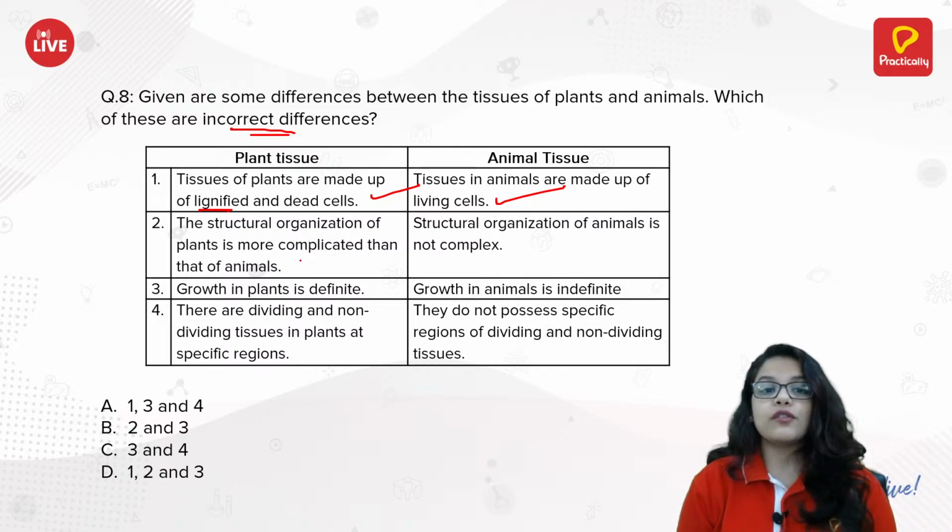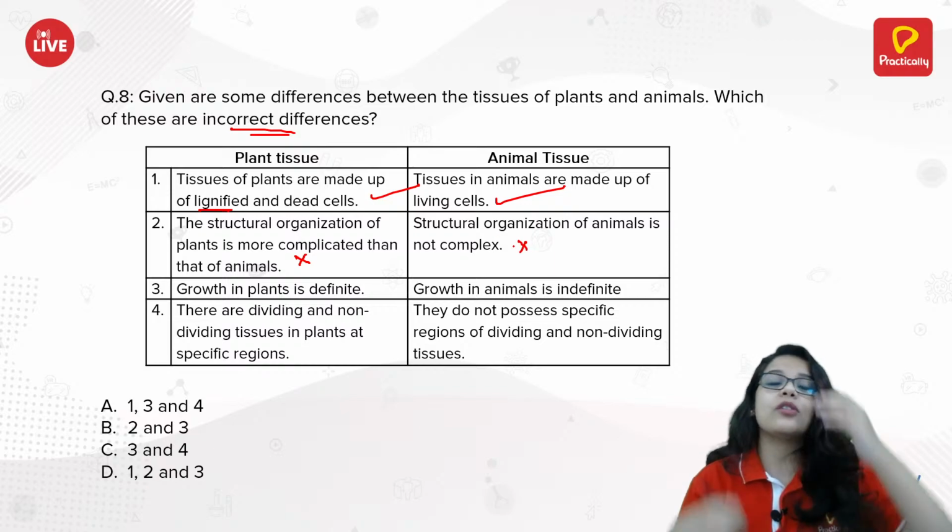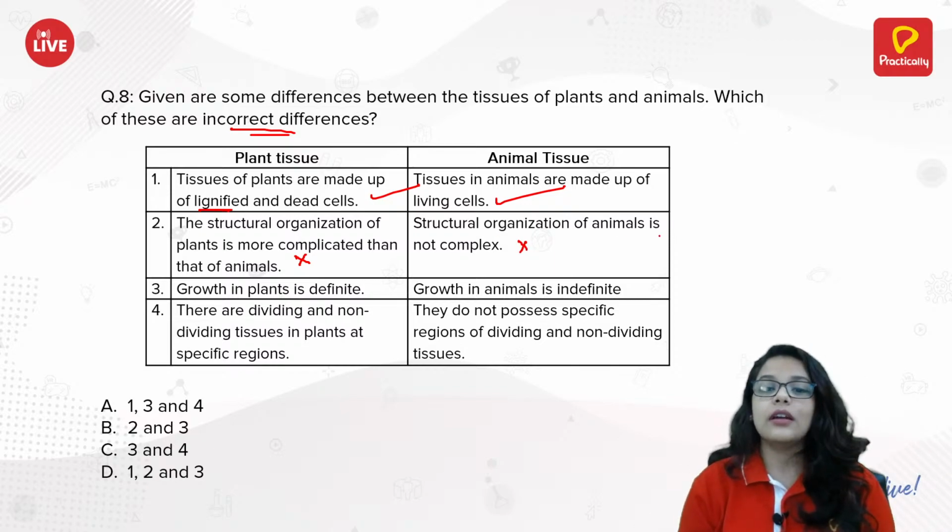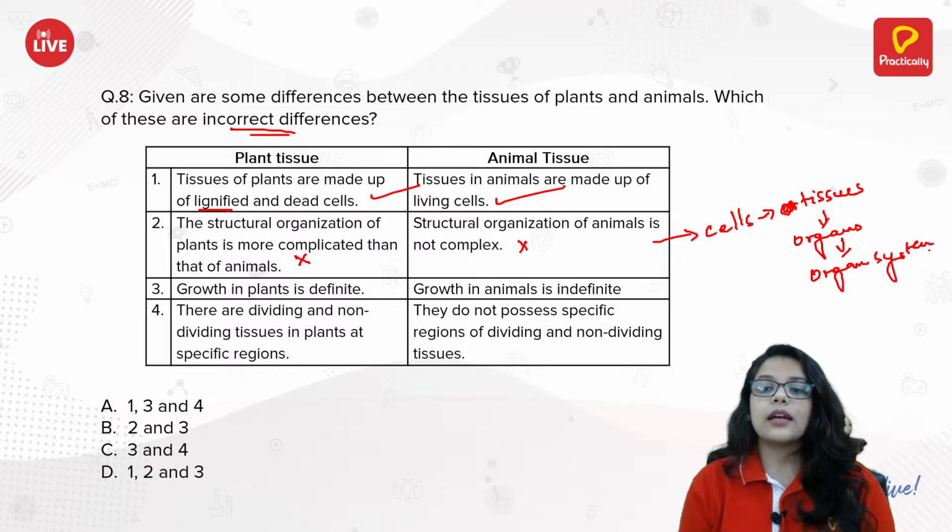Structural organization of plants is more complicated than that of animals. This is wrong. The structural organization is so complex in animals. In animals, it is cells to tissues to organs to organ systems, and then to the body.